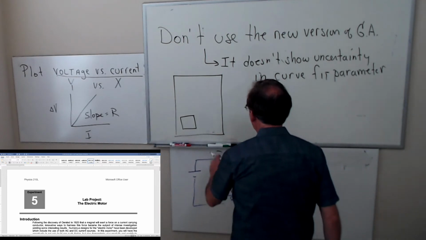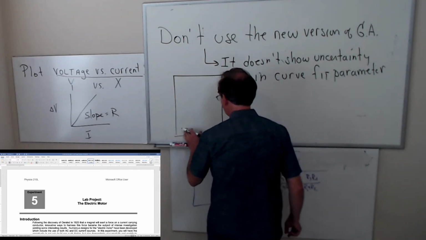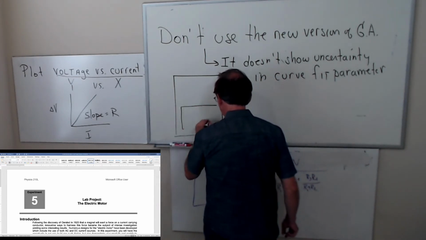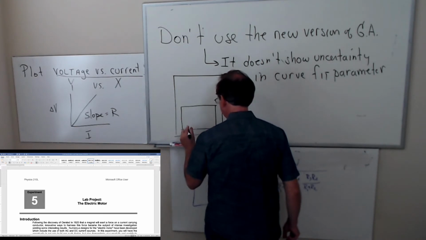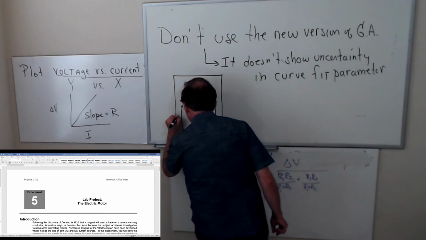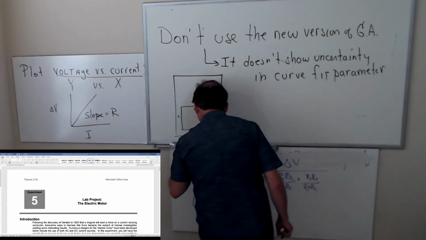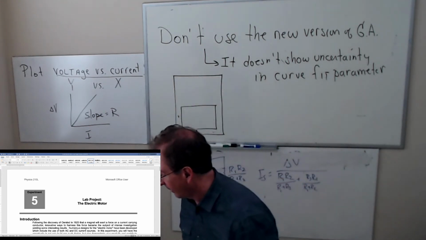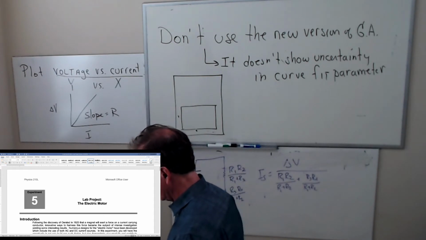So if I make a graph, I should make it a decent size. And of course, I should label the axes. So if I write the axes like this, can you see those letters? Can you see what I wrote?